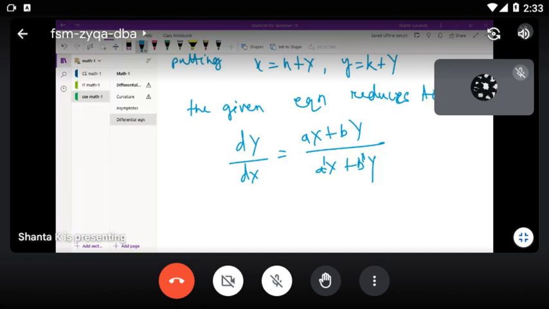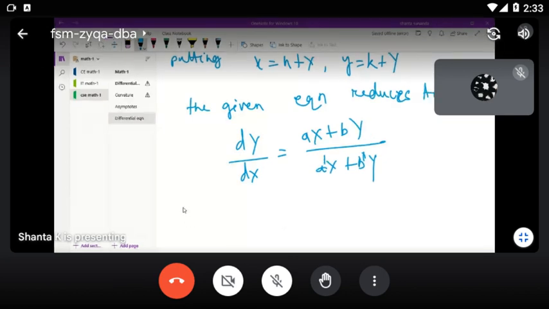So small dy by dx is equal to capital dy by dx from the substitution, as h and k are constants.